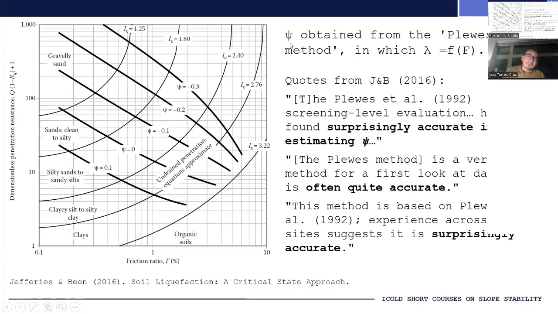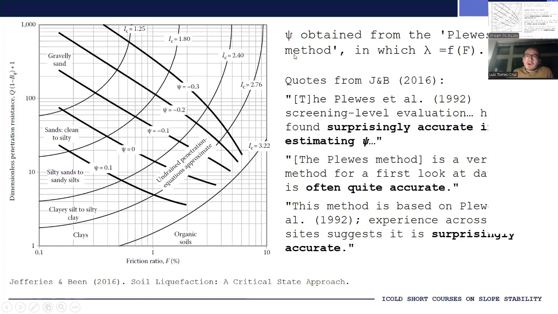And you will recall from my first presentation, this state parameter psi is the one telling us whether the soil is contractive or dilative. And this has important implications on the stability of a dam.